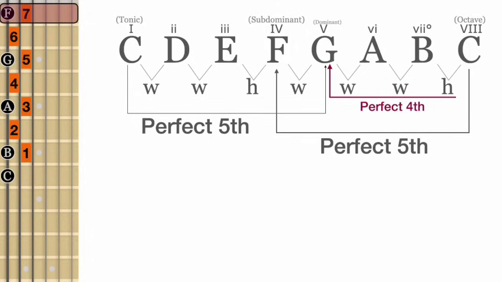If we go from the tonic to the subdominant, again we have 5 frets, and we've moved up, once again, a perfect fourth. This is another property of perfects that we haven't spoken about. The tonic is called the perfect unison, the same note, 1 for 1.